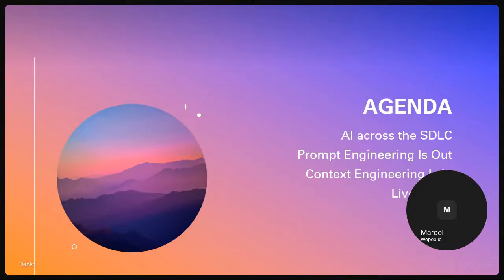And I want to show you today's agenda. Basically, I'll walk you through how GenAI transforms quality assurance across the software delivery lifecycle, why prompt engineering is no longer enough, and how context engineering is delivering the real value.